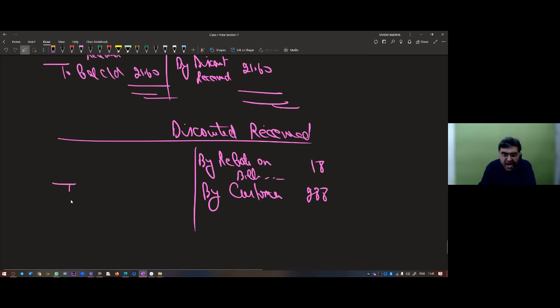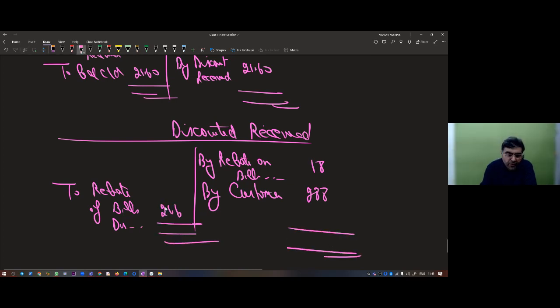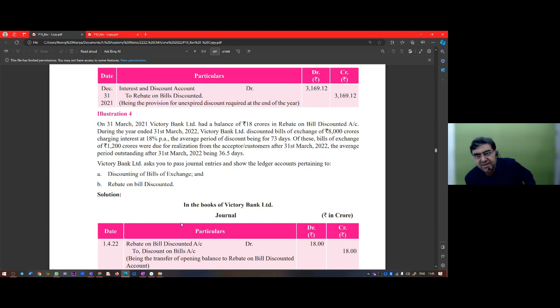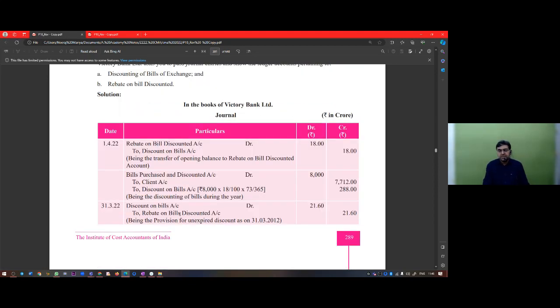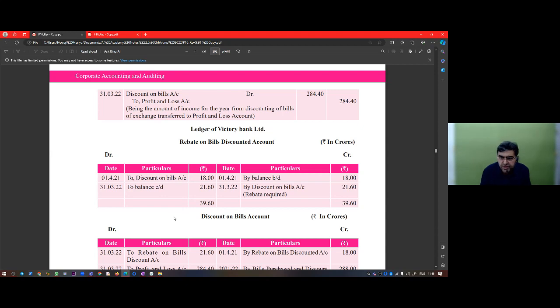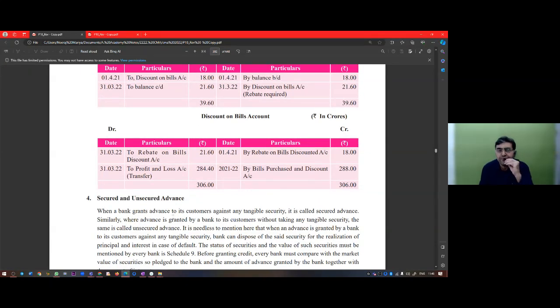Now the unexpired discount at the end is rebate on bills discounted, 21.6. The remaining is earned income, which will go to P&L account. The earned income is 18 plus 288 minus 21.6, which is 284.4. I have made a direct ledger; the journal entry you will make yourself. The amount has to be correct, 284.4, which will be transferred to P&L account. It's beautiful.